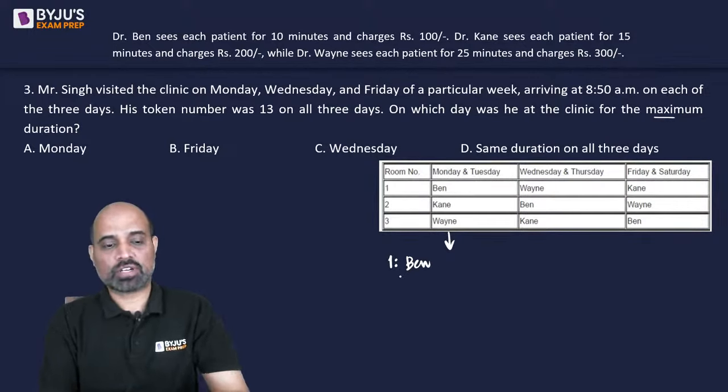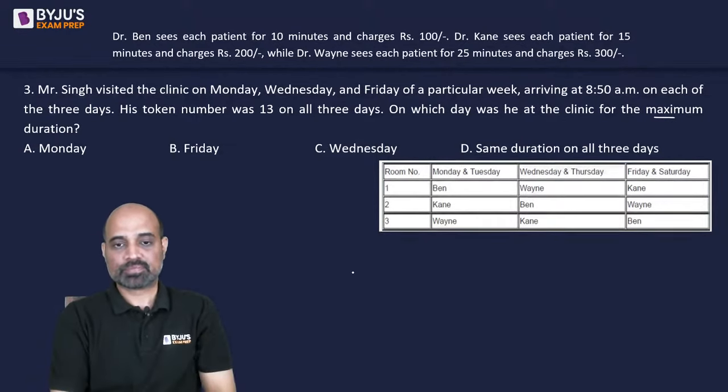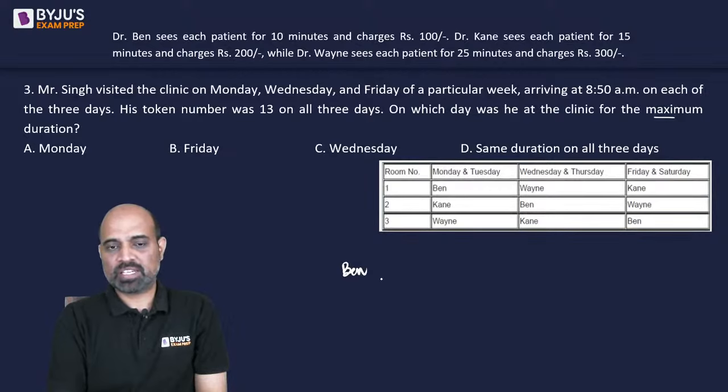Okay, let's draw it row wise so that it's easier. So token number 1, Ben is there for 10 minutes, right? I'm talking about Monday.